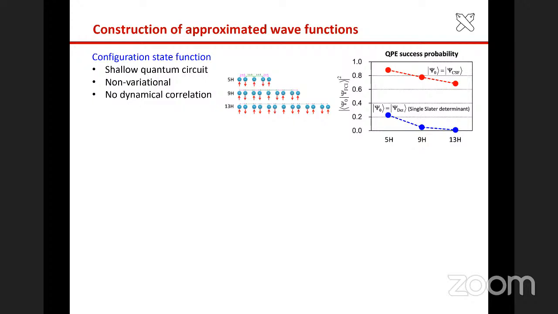If we use the single determinant, the success probability decays exponentially. But even if we use the multi-configuration wave function, the success probability decays linearly. So we can easily expect that applying this approach to, let's say, a cluster of 100 hydrogen atoms, the overlap with the exact wave function becomes very small.